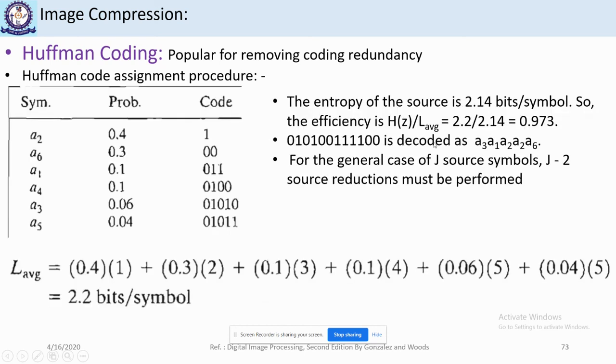With respect to an image, we will have 256 different gray levels, so for that source we need 254 source reductions. That is a computationally expensive process. So that is one limitation of Huffman coding.